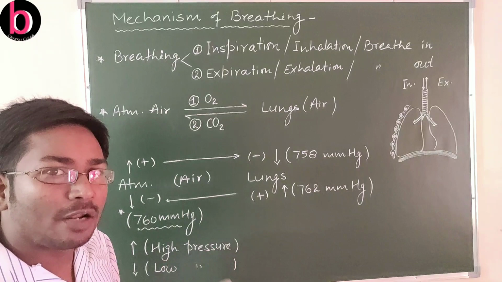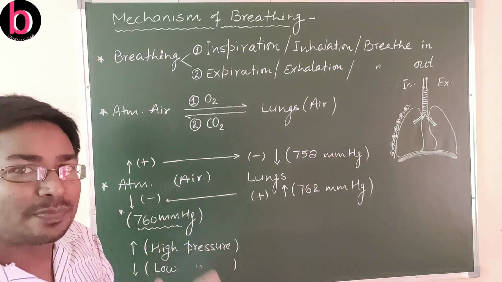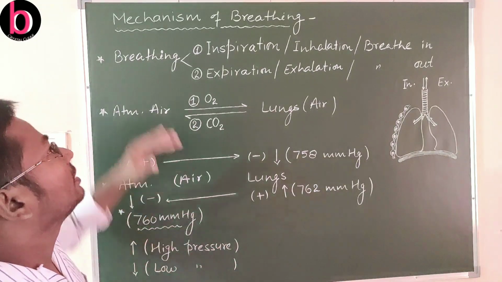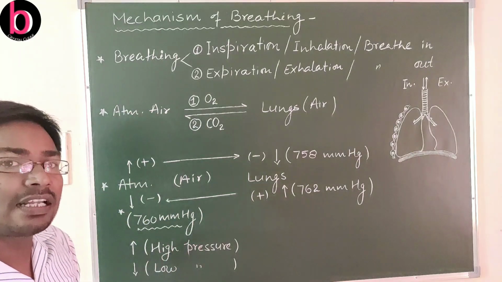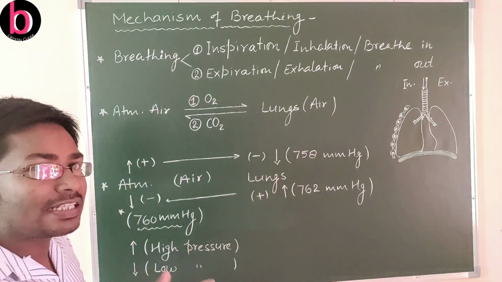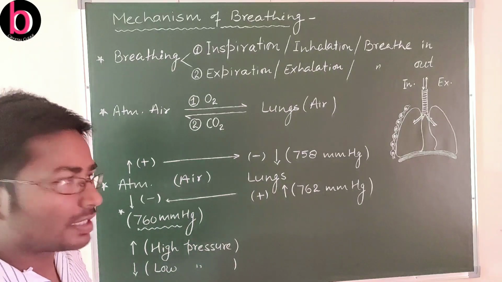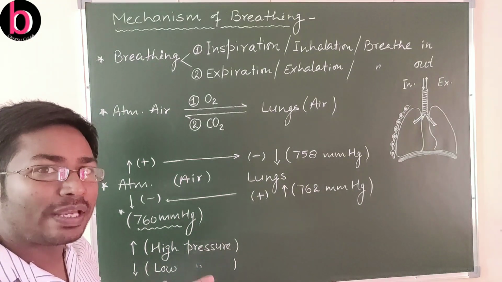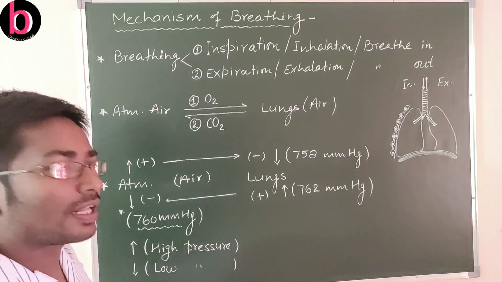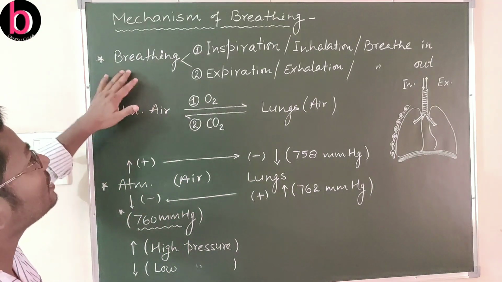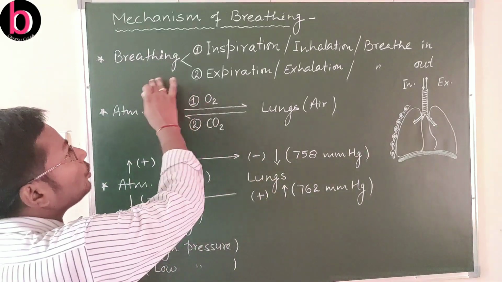Anytime there is involvement of any respiratory organ, then there will be breathing, and this is a part of external respiration, that is under aerobic respiration. The second part of aerobic respiration is internal respiration or cellular respiration. So here we have to discuss breathing. There are 2 steps.